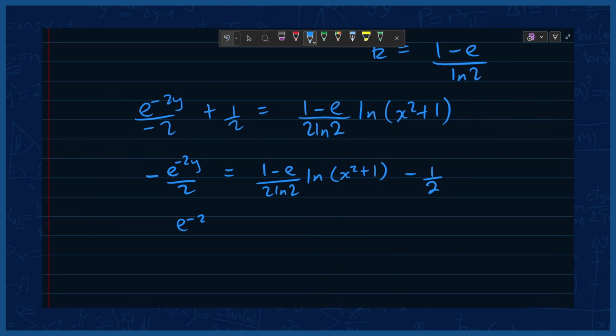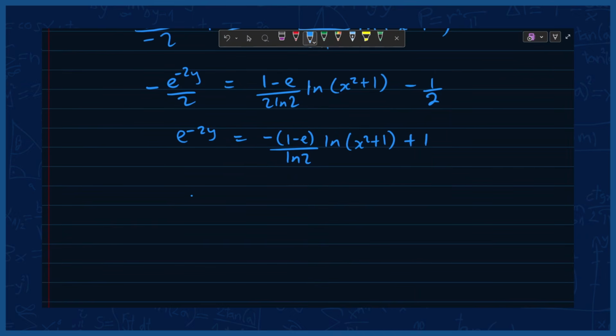So I end up with e to the negative 2y is equal to, the 2 will cancel out this 2 that we have here, then it becomes negative. So I've got negative 1 minus e, and this is over ln 2, that 2 is now gone, remember, ln of x squared plus 1, and then I'm multiplying minus a half by minus 2, so it becomes positive 1.